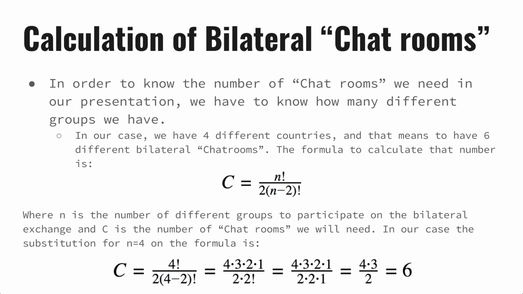It is a formula of a combination, a mathematical combination from n elements taken by a group of 2, because we are using bilateral communication in this case, and you can use this formula in order to calculate your own chat rooms in case you have a different number of members for your virtual exchange.